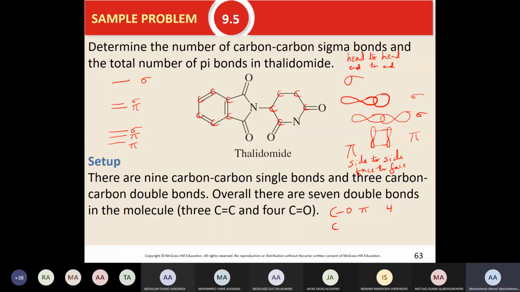How about CO sigma bond? Also 4. How about CN sigma? 5. How about CN pi? Zero, exactly. How about CE sigma?